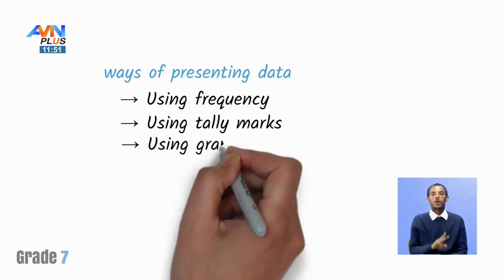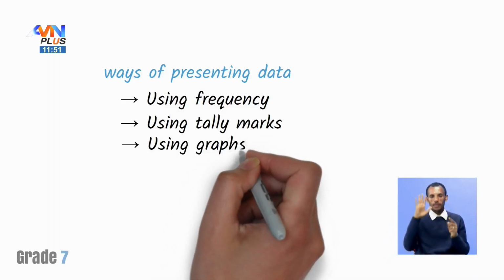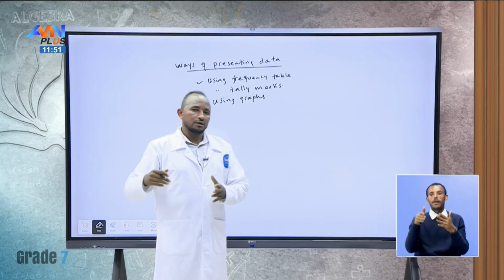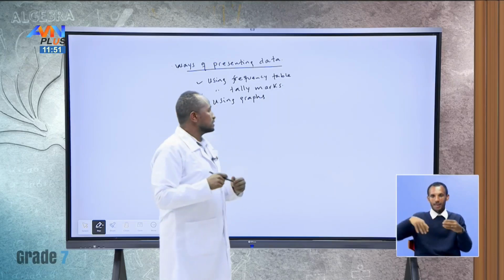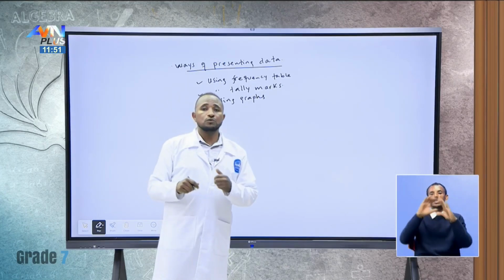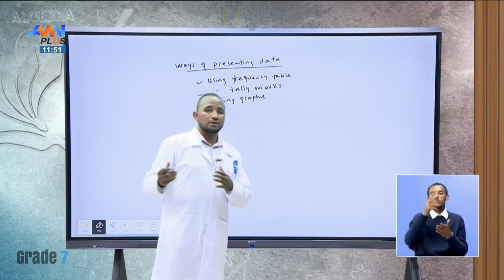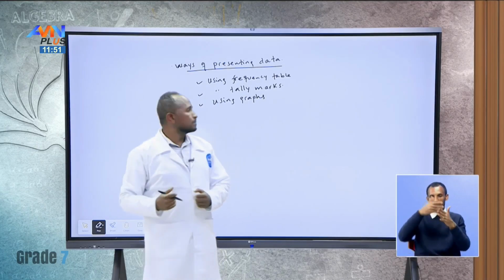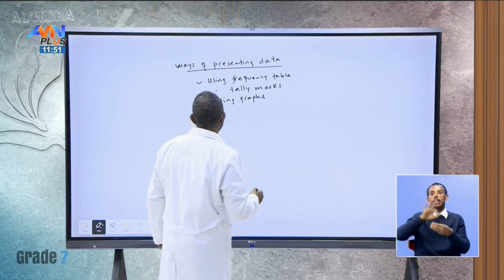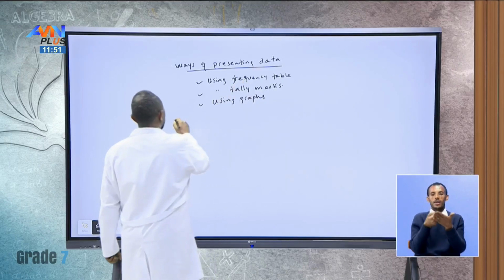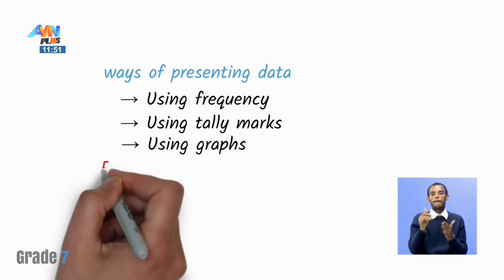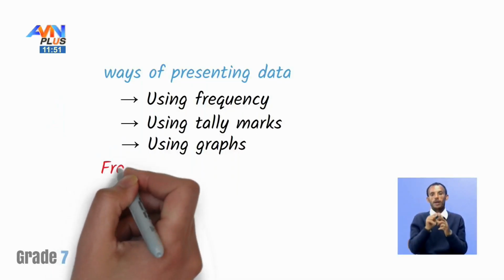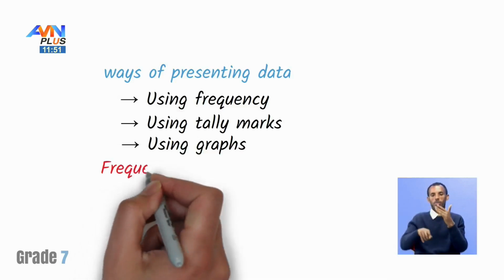We have different types of graphs like line graph and pie chart and so on, but in this grade level, we'll see these two ways of presenting data, line graph and pie charts. Now, let's see some terminology. What does frequency mean?